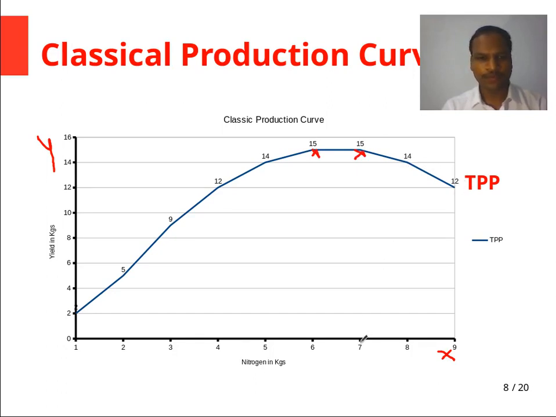Here we can see that for a change of 1 unit, we can see a change of 4 kg increase in rice. Here also we can see a 3 kg increase in paddy.